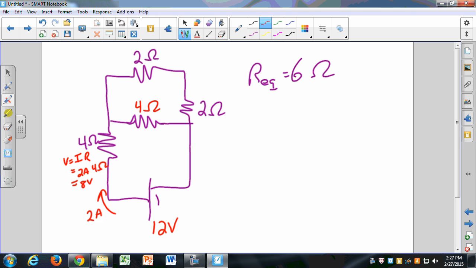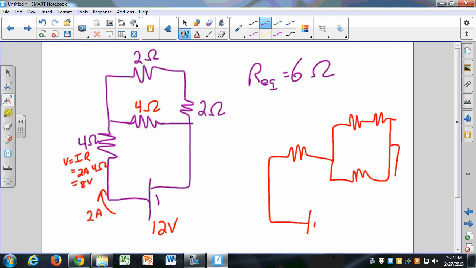Let me redraw it so I'll make sure it's clear. So I can redraw this whole circuit. So this is 12 volts. These are the same circuits. I have 8 volts here.